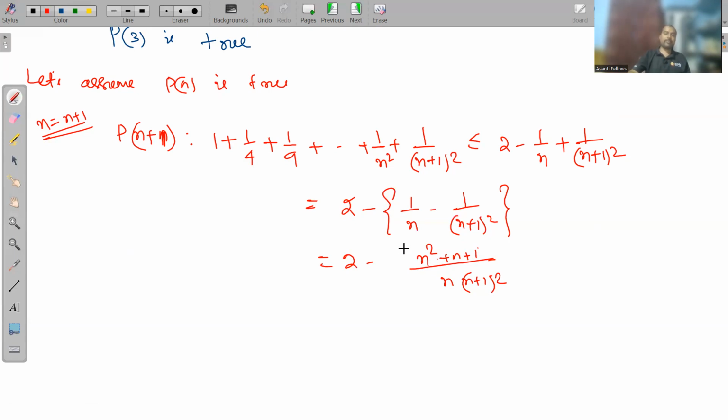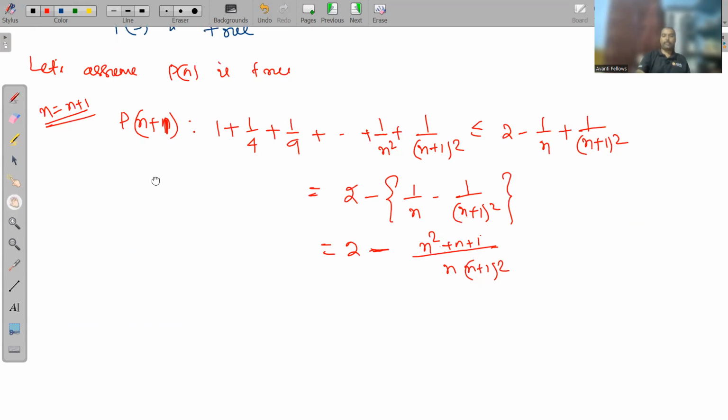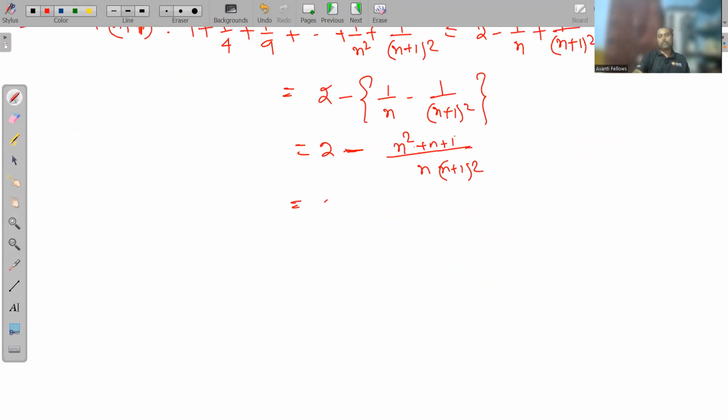So I am getting 2 minus n square plus n plus 1 by n into n plus 1 whole square. Okay. Now, if I further simplify it, it becomes 2 minus n square plus n divided by n into n plus 1 whole square. Okay. Minus, I can write here 1 by n into n plus 1 whole square, right?